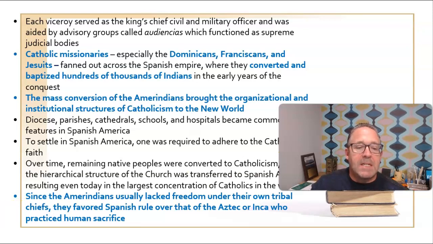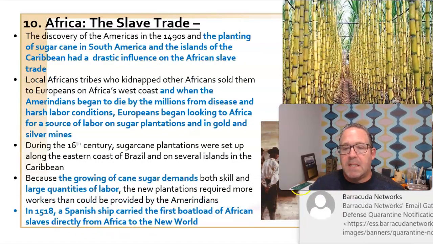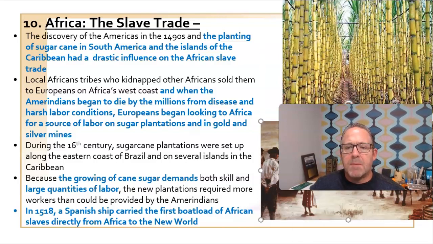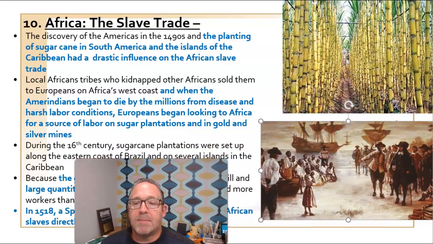So the next topic that we want to talk about today is going to deal with the Atlantic slave trade. And it's mentioned here, let me move this out of the way so you can see, because of the terrible mistreatment, the disease, and the warfare between the Spanish and the Amerindians, the estimate is about 90% of that population died.